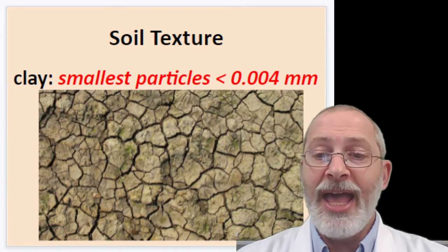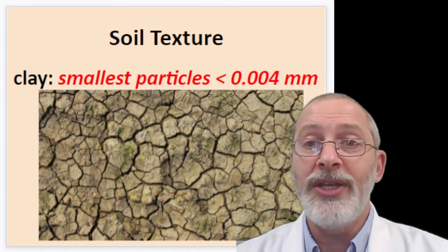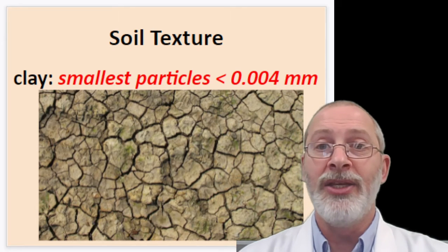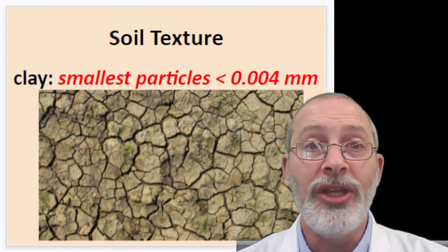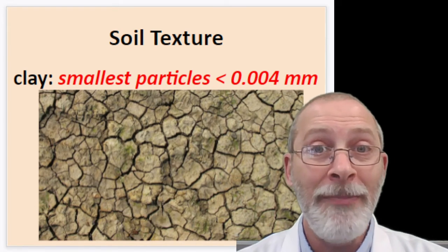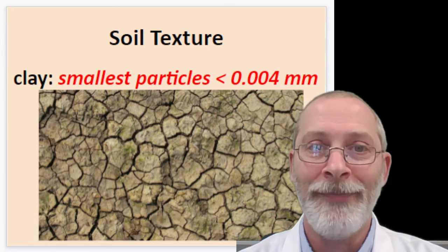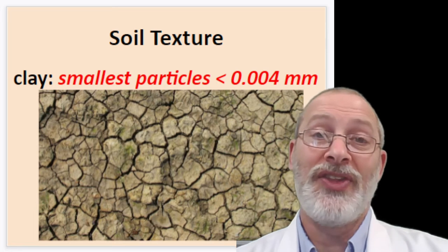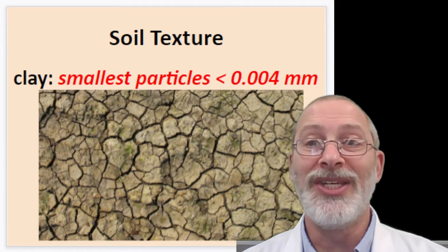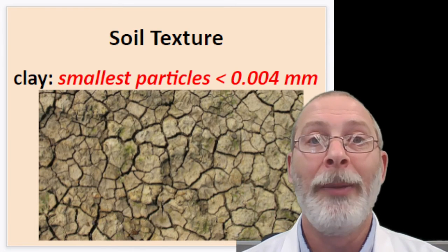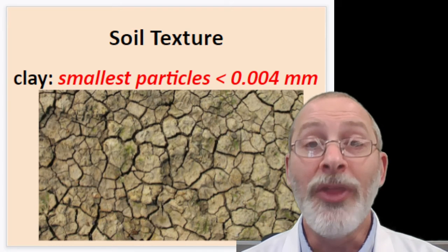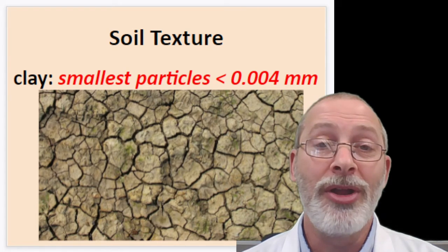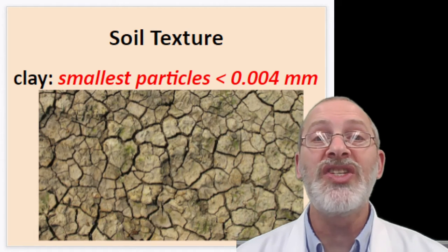Clay. Clay are the smallest particles in soil. In fact, if you were to measure them with a small enough ruler, which would be tough to get, it would be less than 0.004 millimeters. In other words, clay particles are microscopic.